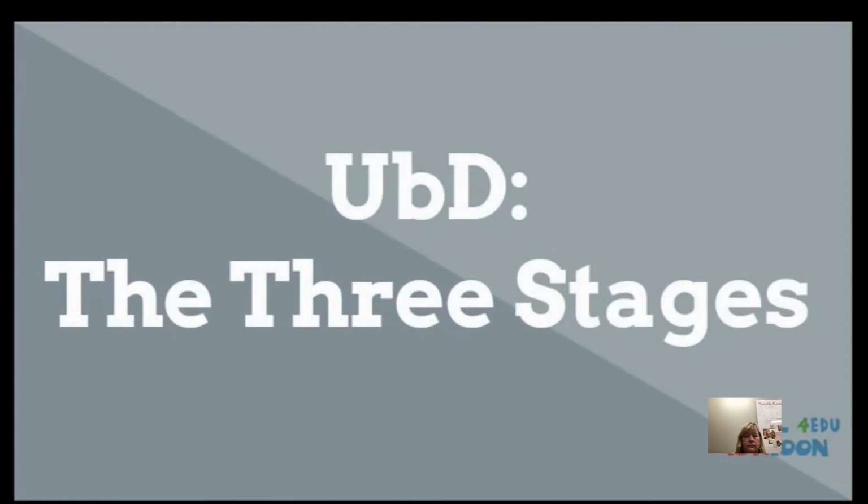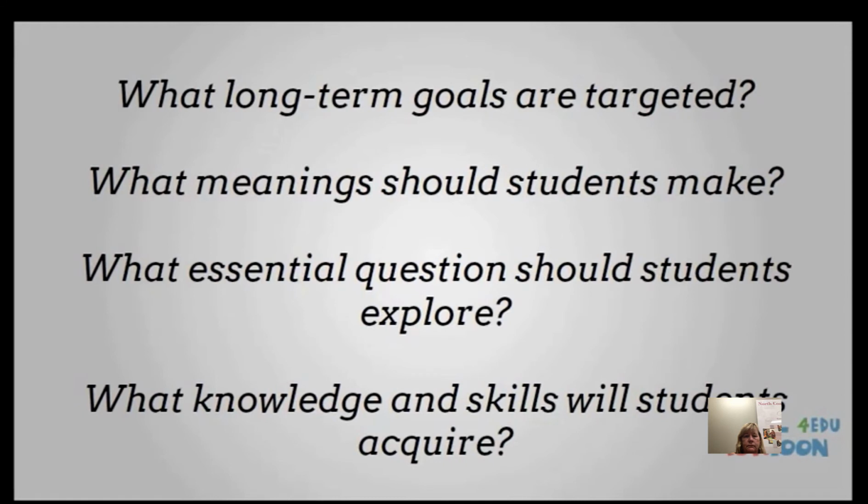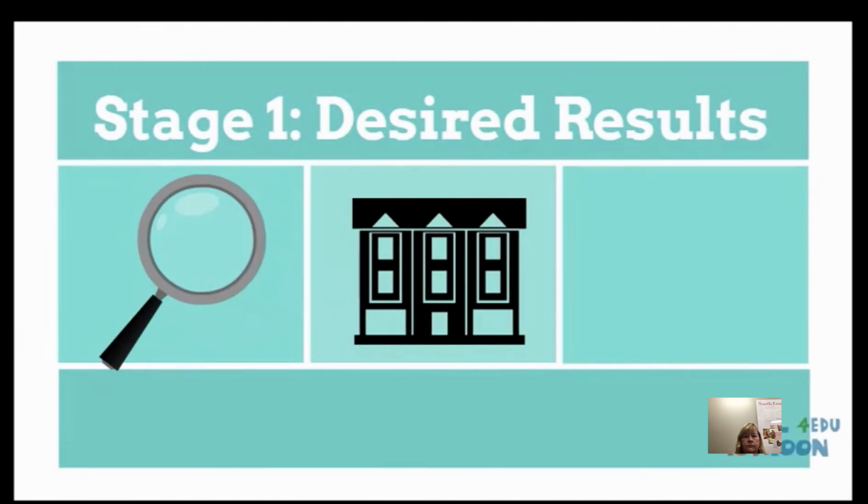UBD and the 3 stages of design. Stage 1, identifying desired results. Guiding questions for Stage 1. The first stage of design includes identifying desired results. Goals may be derived from state or district standards in the K-12 environment.